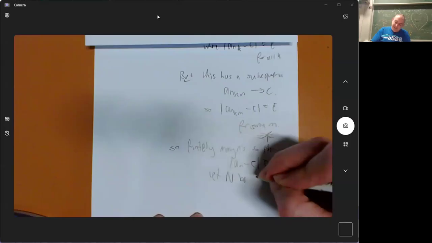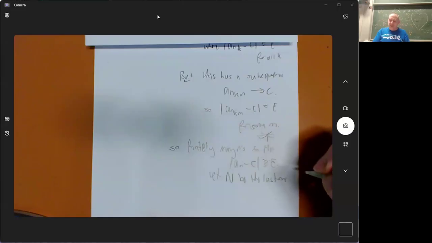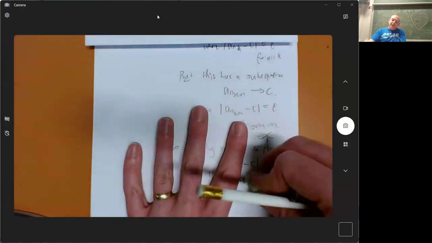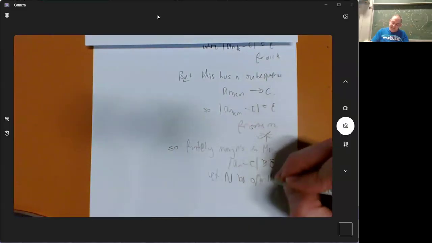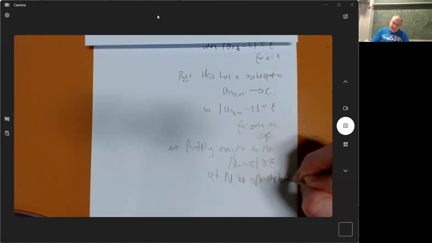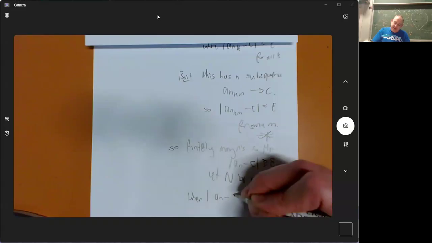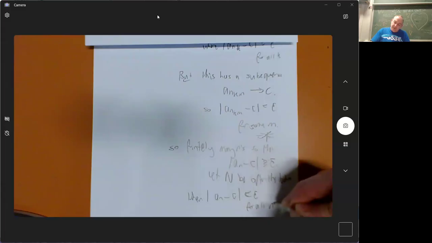Let N be the last one, well, plus one. Let N be after the last one. And then |a_n - C| is less than epsilon for all n greater than or equal to N.